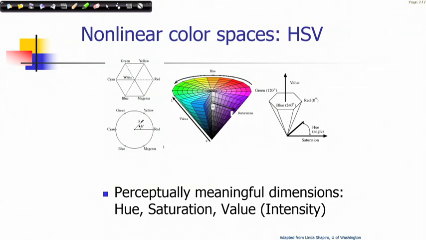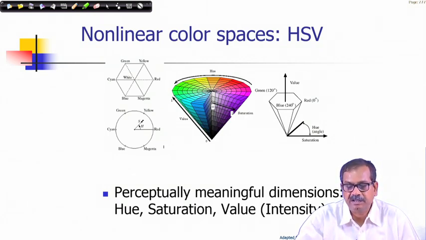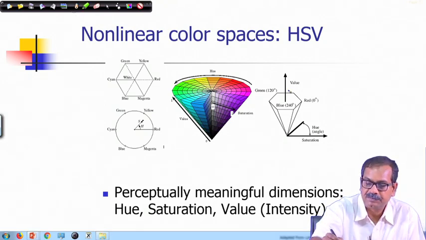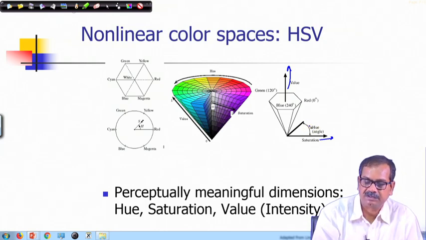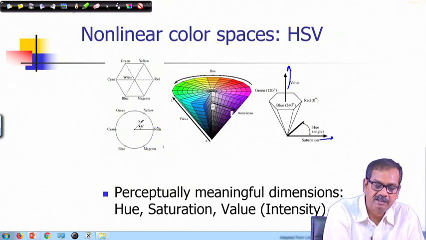This is showing one such example, a conical shape representation of a space, where the intensity varies as we move in the vertical direction, whereas in the horizontal directions you have the direction of saturation, and the hue is represented by the angle. Such a polar representation has been shown here.